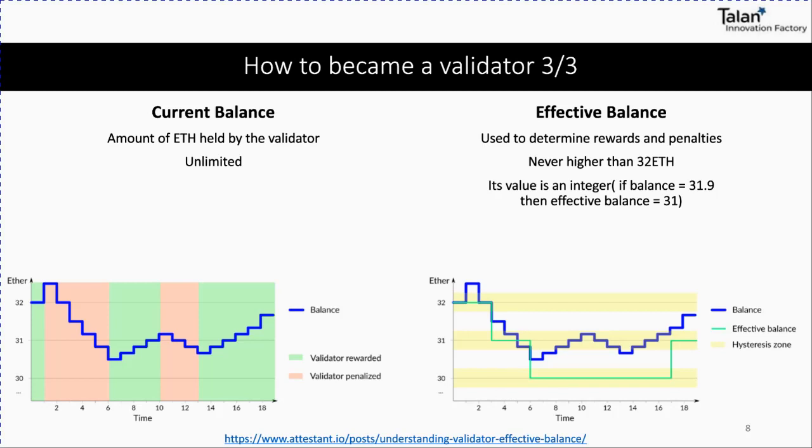So why do we have this effective balance and all this complicated stuff? Because in Ethereum, or at least in Ethereum 2.0, we try to minimize the impact of a single validator having a lot of funds and then being a threat to the rest of the network, because they can affect the validation process.